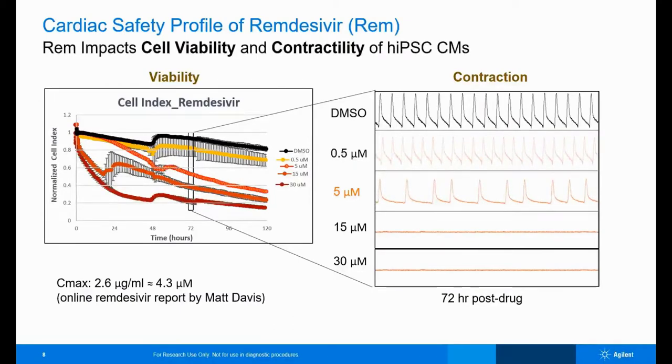Compared to the DMSO treated wells, the black trace here, the 0.5 micromolar didn't affect contractility, demonstrated by these consistent and robust waveforms. However, at 5 micromolar, we can detect irregular beating rhythm, and at 15 and 30 micromolar, the compound stopped the cell beating altogether.